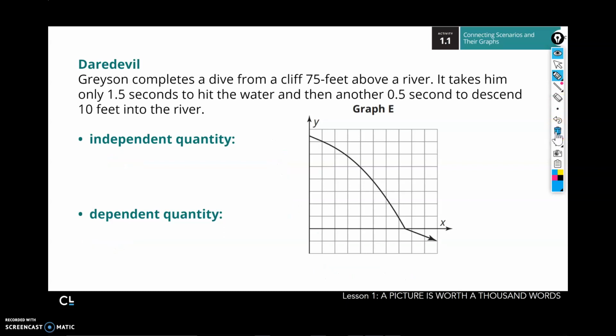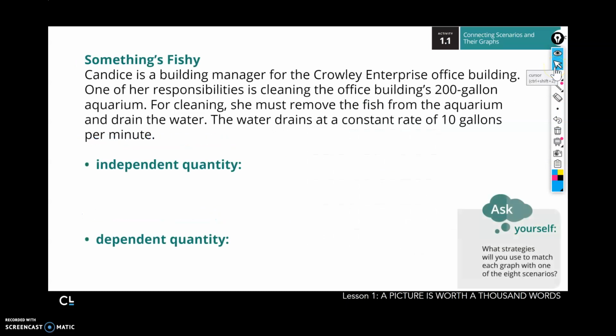Let's go to the next situation. Something's fishy. Candace is a building manager for the Crawley Enterprise office building. One of her responsibilities is cleaning the office building's 200-gallon aquarium. For cleaning, she must remove the fish from the aquarium and drain the water. The water drains at a constant rate.